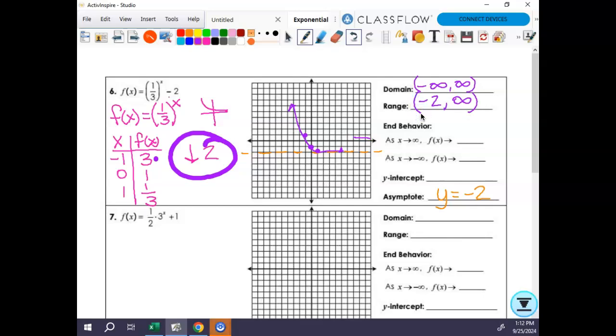All right, in behavior, as x is approaching infinity, what is y approaching? As x gets bigger and bigger and bigger, y is approaching that asymptote, which is now at -2. And as x goes to -infinity this way, our y's are increasing without bound, which makes them go to infinity.